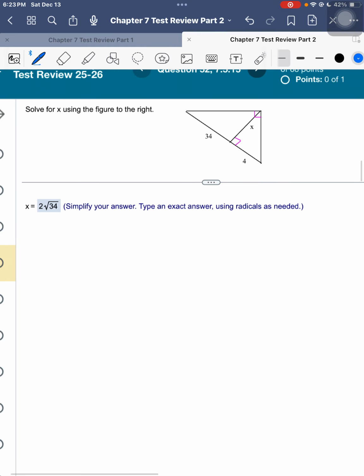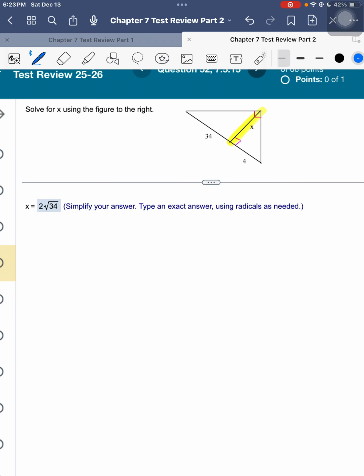Now, this is where it starts to get more difficult, right? Remember that when your geometric mean is on the altitude, your A and B will be the two segments of the hypotenuse that were cut by the altitude.